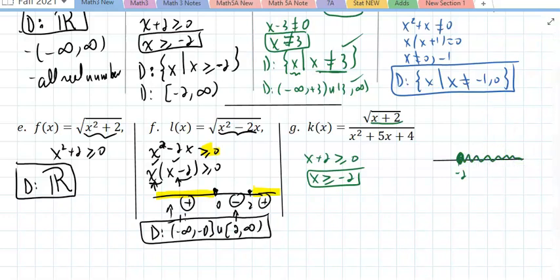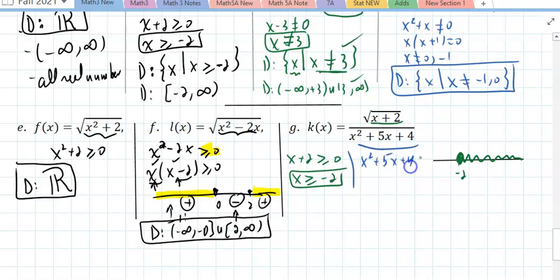So far, that's what I have. The fraction part indicates that x squared plus 5x plus 4 cannot equal 0. X plus 4 into x plus 1 cannot equal 0. X cannot be -4 or -1.